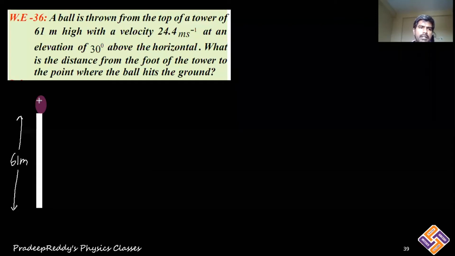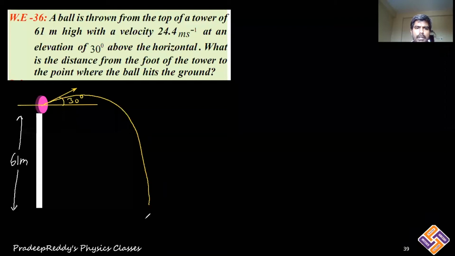It has been given that it is projected at an angle 30 degrees with the horizontal. This angle is 30 and this is horizontal, and it is projected at an angle 30 degrees. Now when you are projecting it with 30 degrees, what would happen? Definitely this body would fall down in this way. It takes path of the parabola and it would fall down like this.